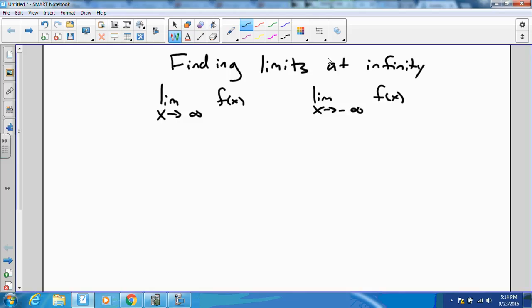We're going to focus most of our attention on rational functions because much of our effort is going to be dedicated to graphing these rational functions. But we're also going to consider exponential functions a little bit at the end.